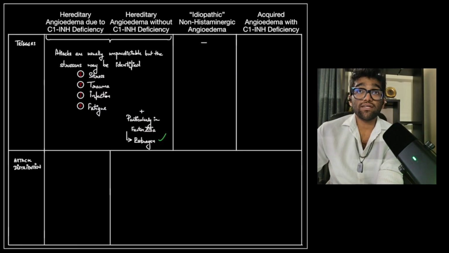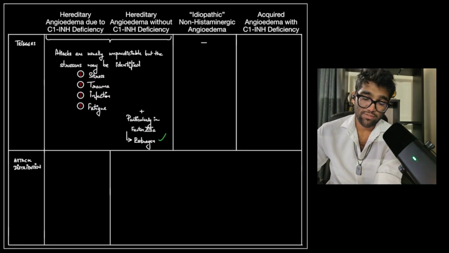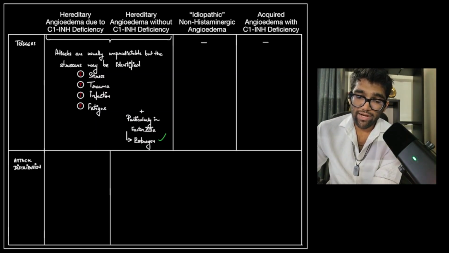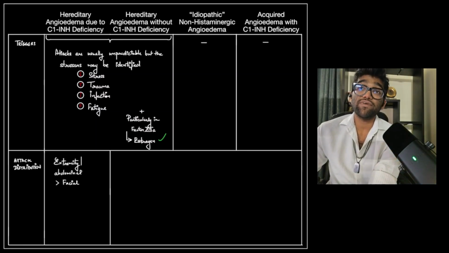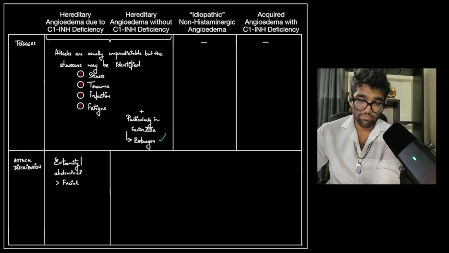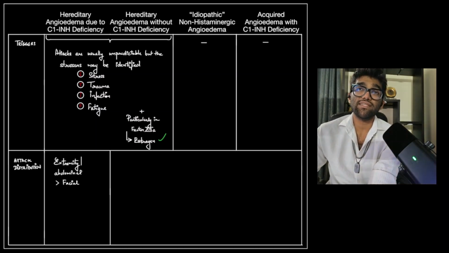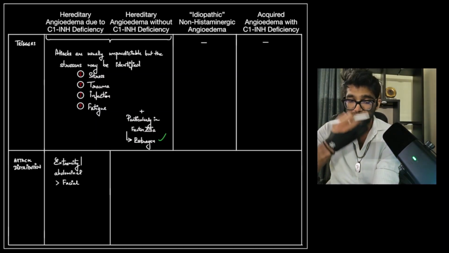There are no specific precipitants for idiopathic non-histaminergic angioedema. Acquired also does not have precipitants. Attack duration and distribution: in case of hereditary angioedema due to C1-INH deficiency, it is almost exclusively the extremities and the abdomen, and there is sparing of the face.